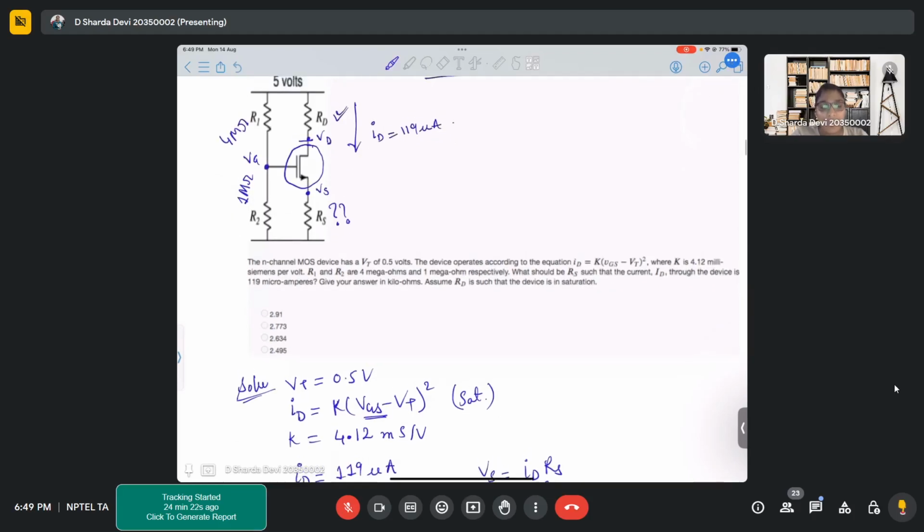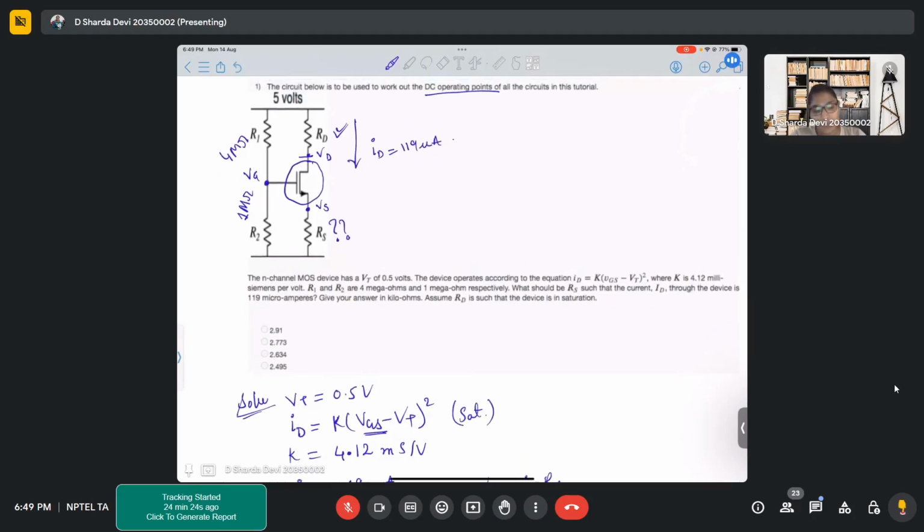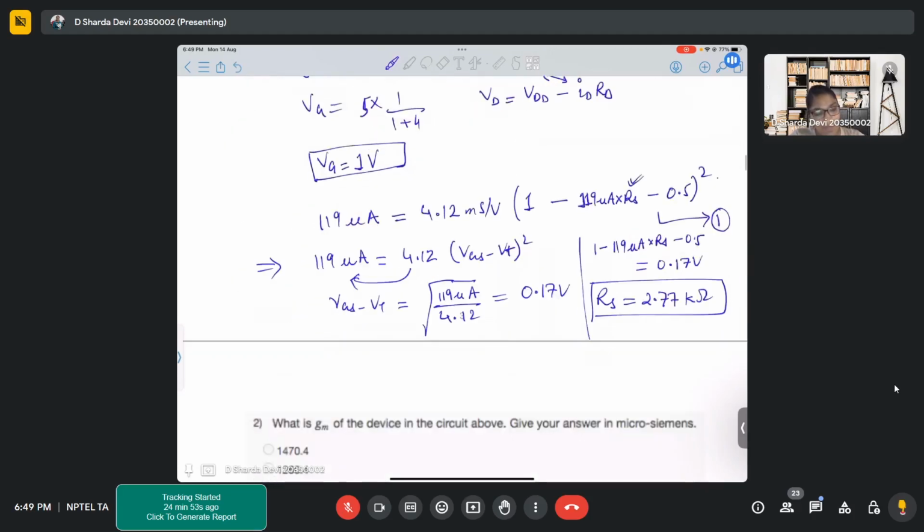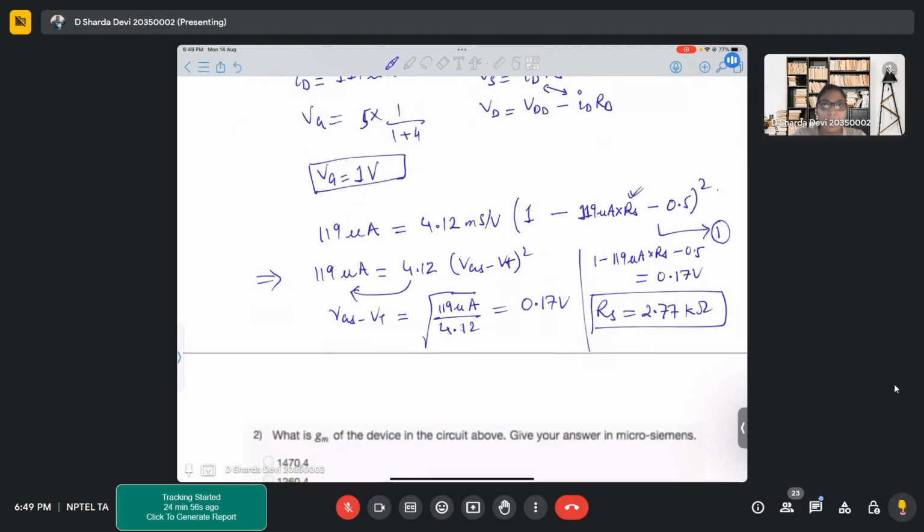Ma'am, there is an equation when you go by KVL from VDD to your ground, there you'll find VDD equal to IDRD plus VD plus IDRS, right? Now, you can go by this equation as well. But what is the problem here? First of all, it is a single equation with two variables. Rather than that, here we have a single equation with one variable.